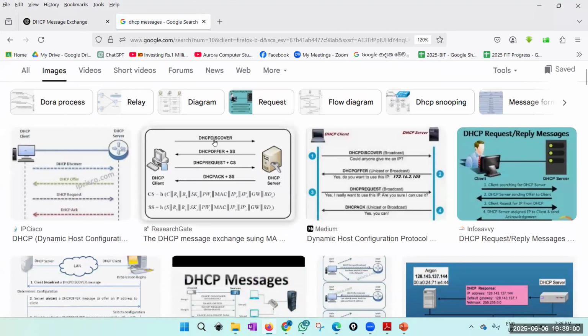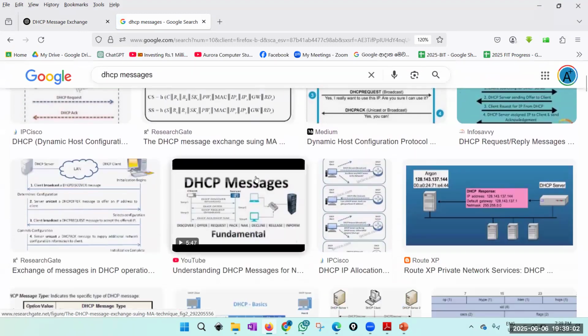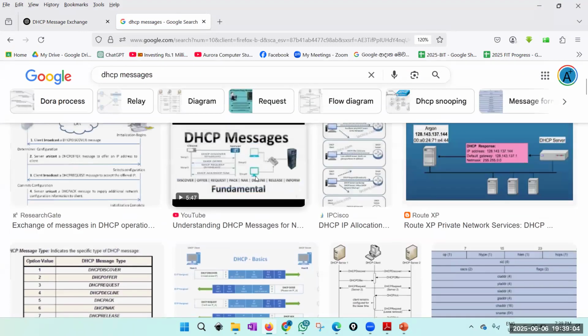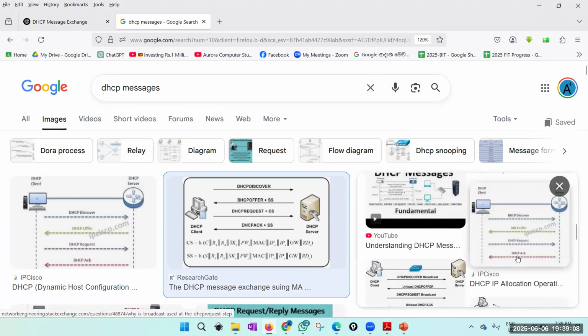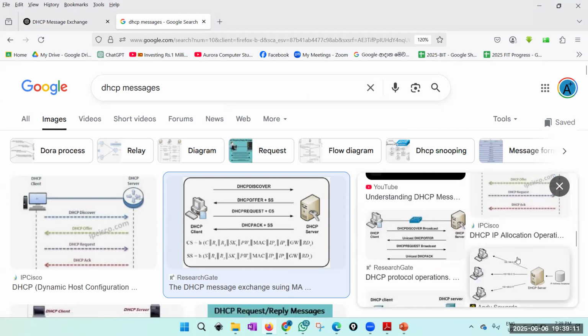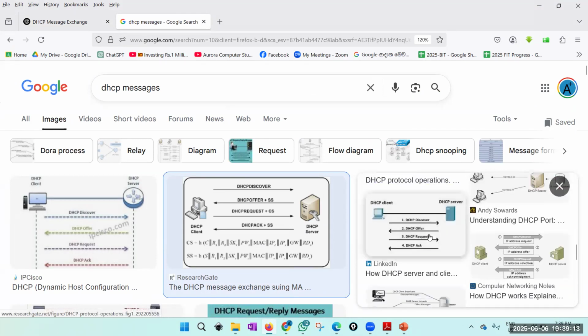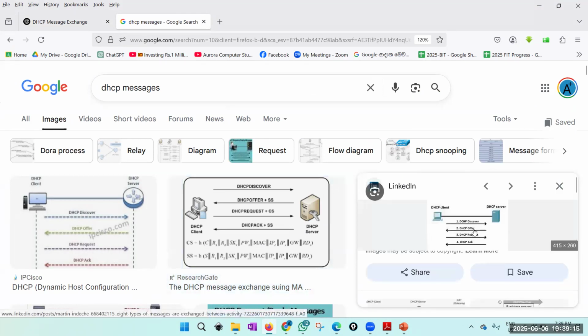I think this one is better. DHCP discover, you can see. Right, so this diagram is, I think, better.